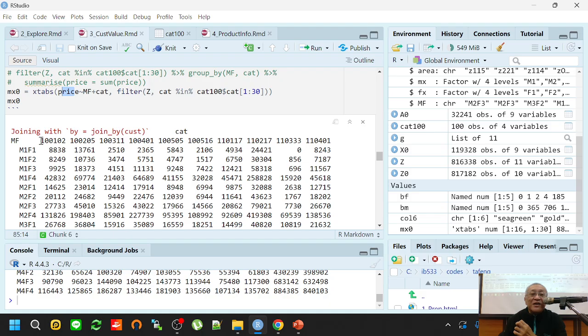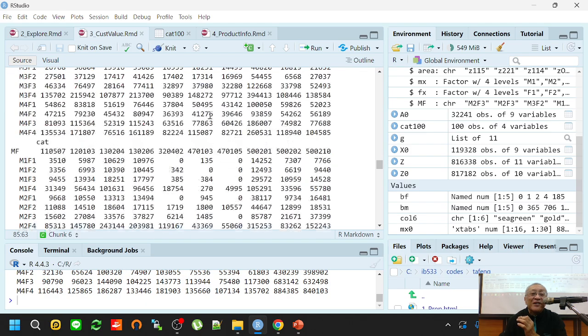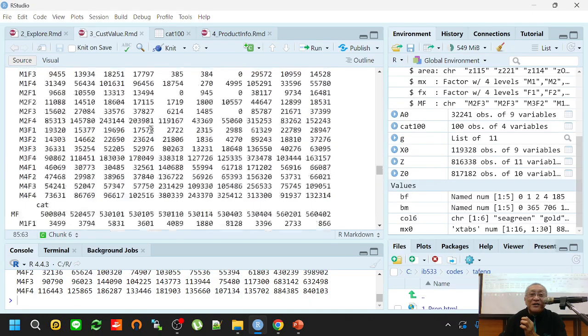M1F1, they buy 1010102 category. The buying amount is like 80 because I'm summarizing price, right? I summarize price by MF label and also by category, and I only use the data who belong to the largest 30 category, right?